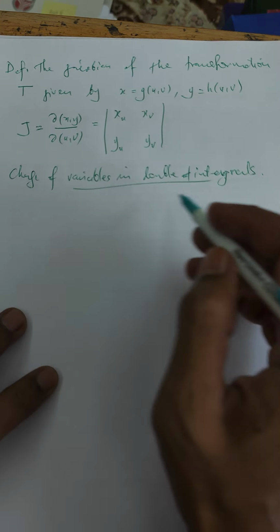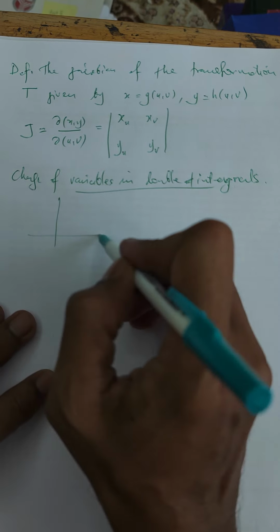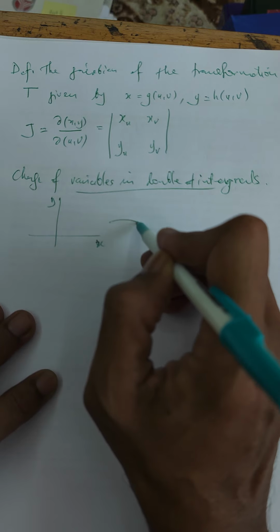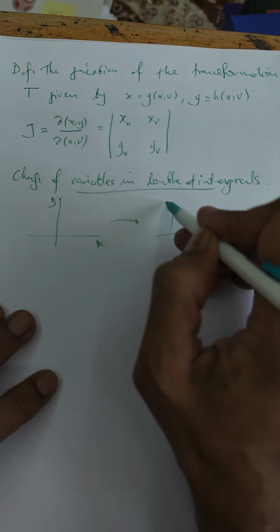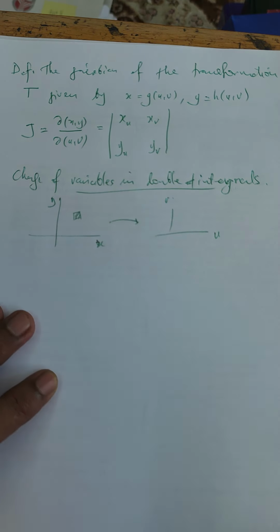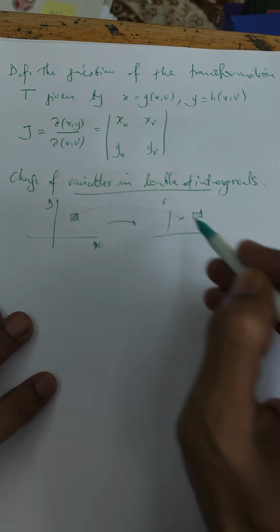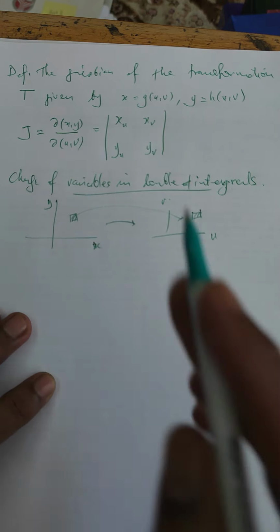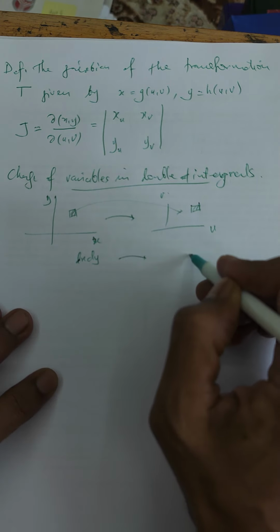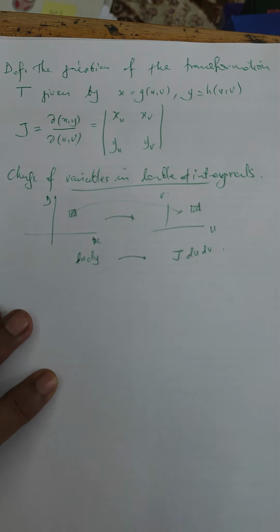I have mentioned that from xy, we transform into uv. The small area here on the xy plane, we transform into the area here under uv, plus the Jacobian. So we have dx dy, that will give you du dv with some Jacobian there. We apply that.